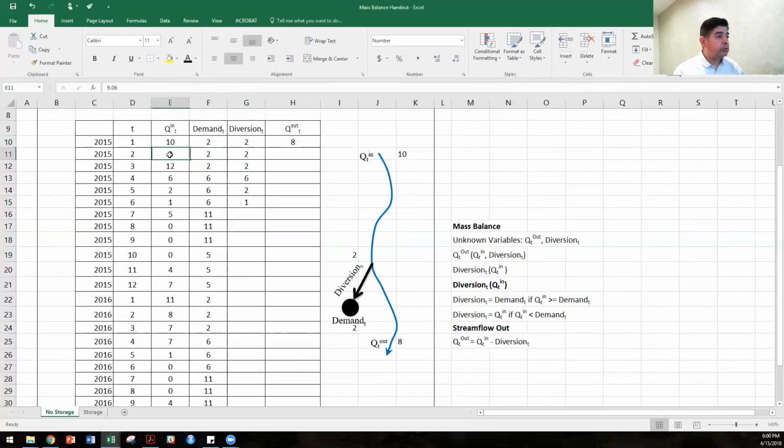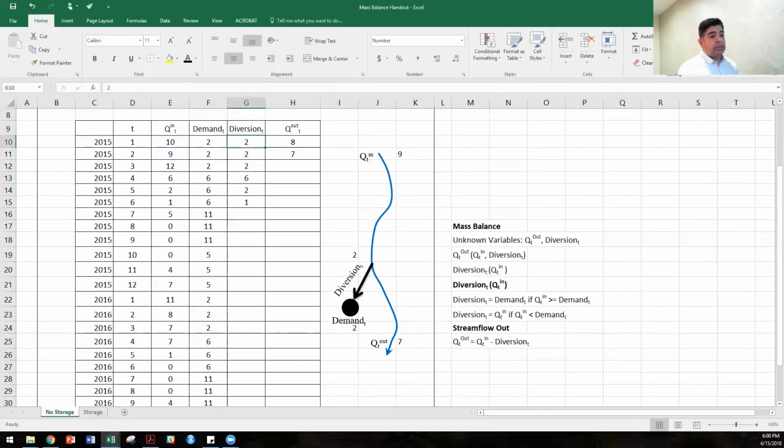For T equal 2, let's say that we have 9 units of water coming in and a demand of 2. It is possible to extract 2 units of water because Q in is greater than the demand. So this will be equal to 7, meaning 9 units minus 2.